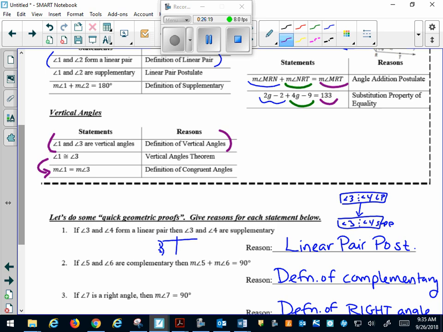So then you have the measure of angle 1 equals the measure of angle 3 by definition of congruent. Notice the difference here too. This just has an angle symbol. We're saying the angles are congruent. When you turn it into an equal sign, you have to have the little m's, right? Measure of. If you have them in an equation, you need the measure of.